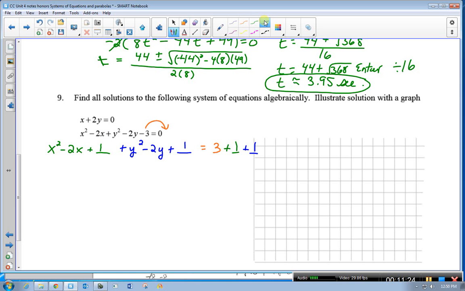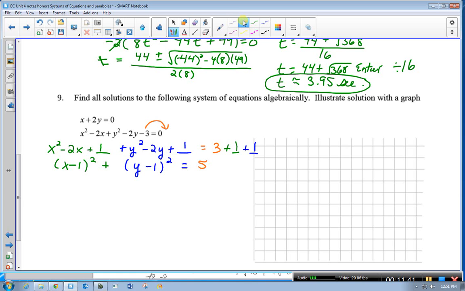So then the first one factors to x minus 1 quantity squared. The next one factors to y minus 1 quantity squared. And r squared is 5.